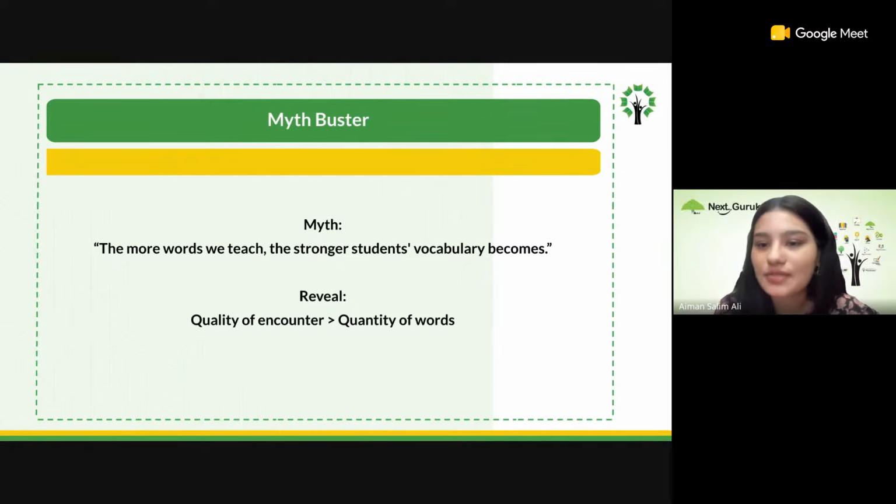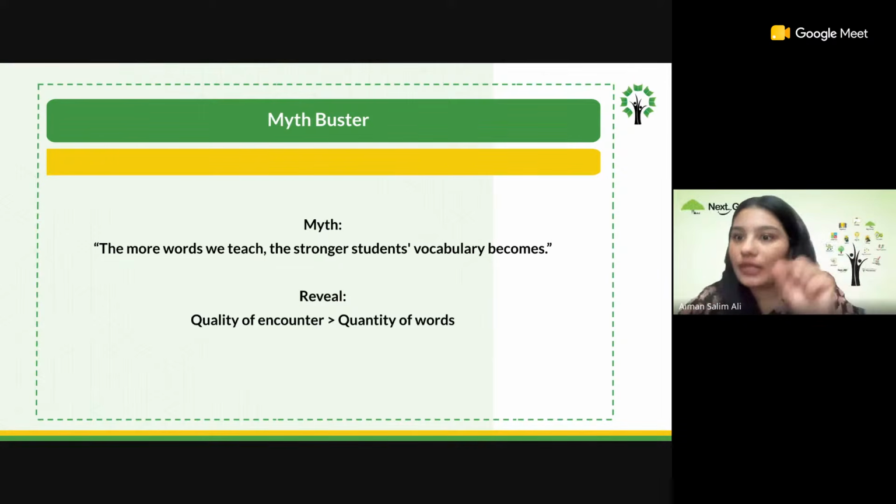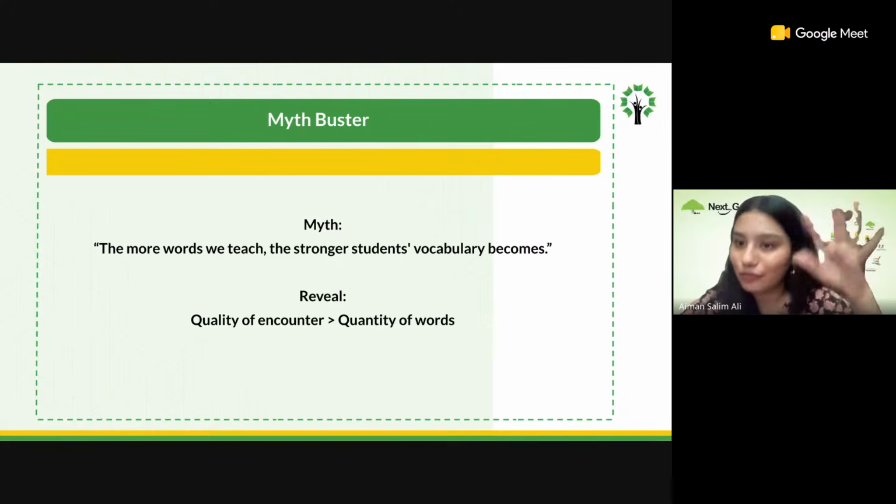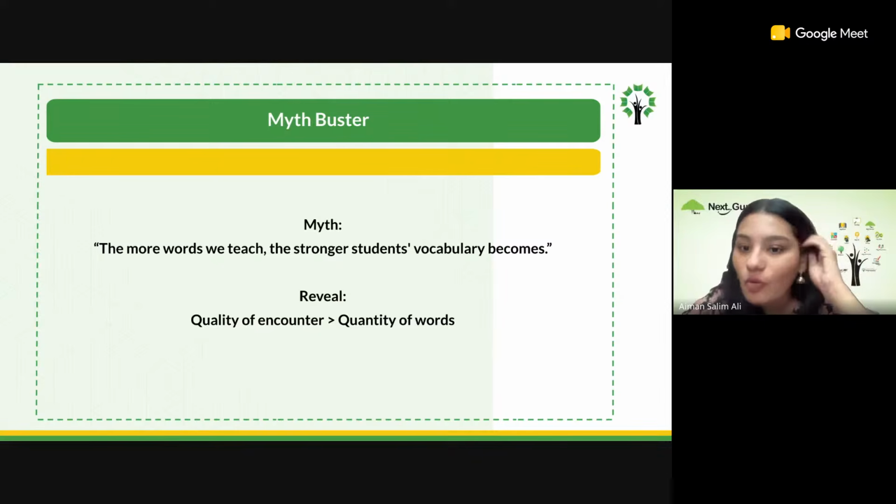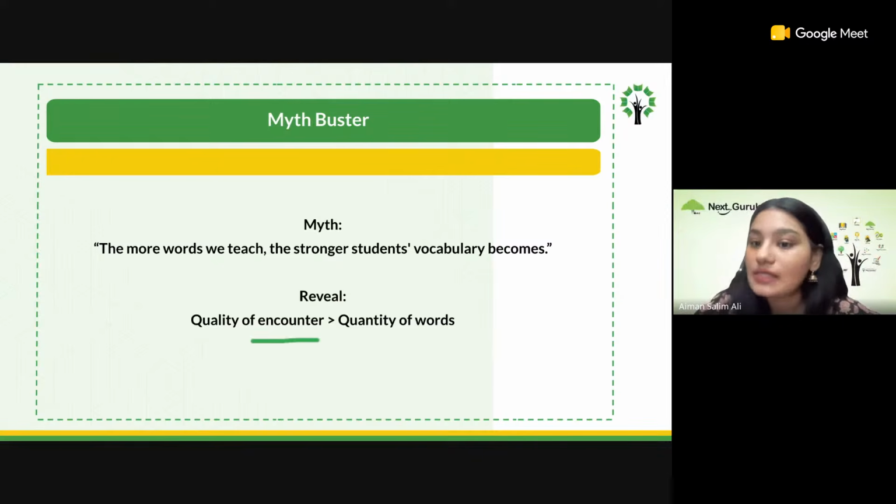But actually, I believe that's a misconception, because it does not matter how many words we teach. What matters is whether my students are following that vocabulary journey, and are they able to recollect that word after I've taught them? So quality of encounter is more important than quantity of words.